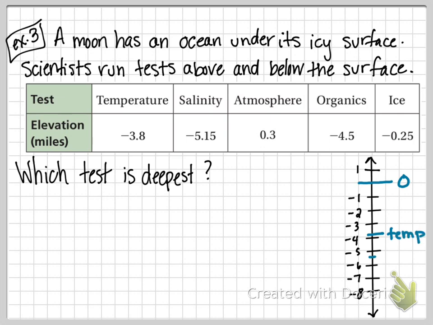Negative 5.15 is down here somewhere. Salinity. What does salinity mean? Do you know? Drew? Saltiness, yeah. Atmosphere is at 0.3, so it's going to be right above the water. Organics at negative 4.5. And then ice at negative 0.25, so right here.